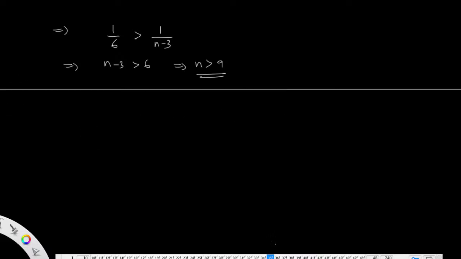Objective concept I will explain. Write the formula first.